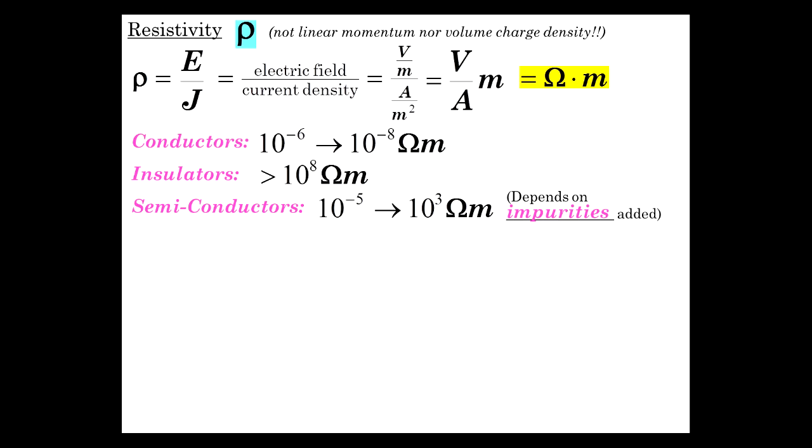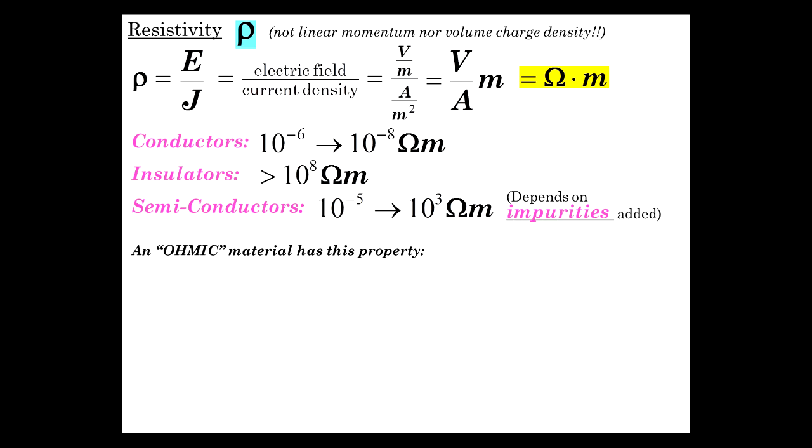The particular value depends a lot on the impurities added to the semiconductor, the base of which is usually silicon. They add impurities to get the substance doing what it needs to do to build your microprocessors and transistor amplifiers and whatnot.